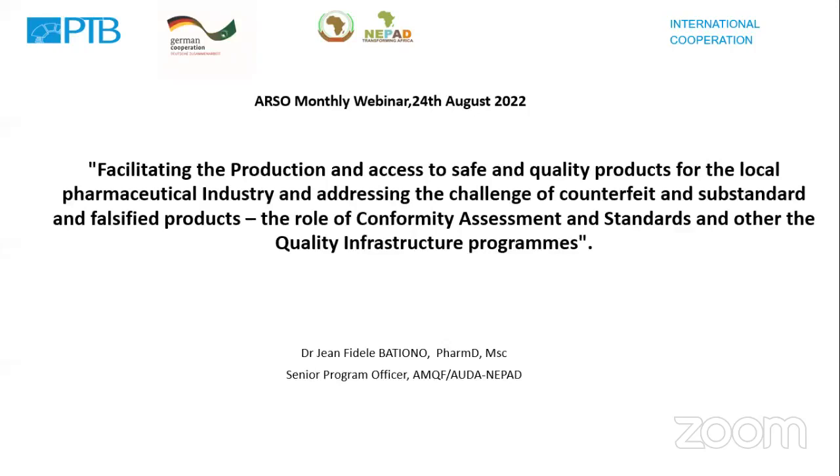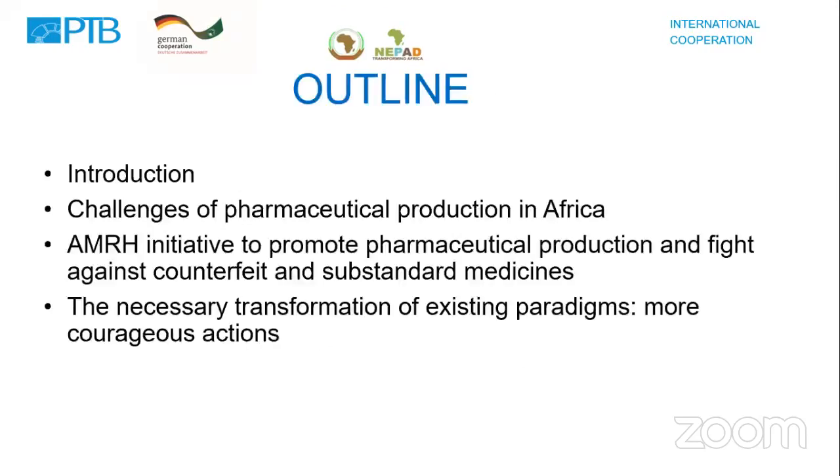In introduction, we can say that the COVID-19 pandemic has shown the vulnerability of African countries in terms of availability of drugs. African production capacities are concentrated in 8 countries, bringing together around 80% of total local production in Africa.